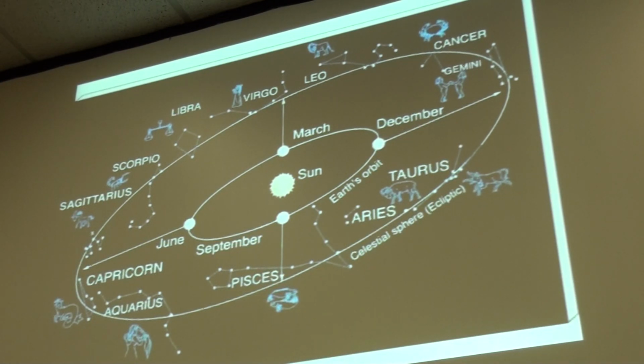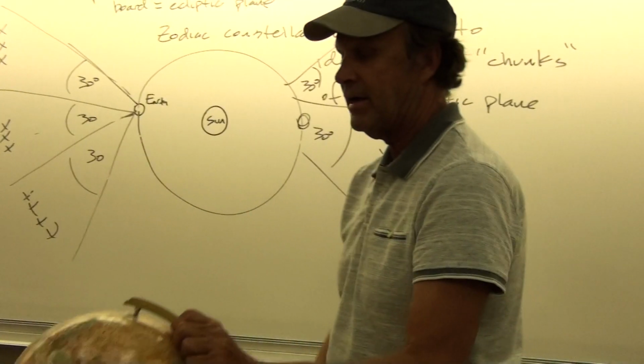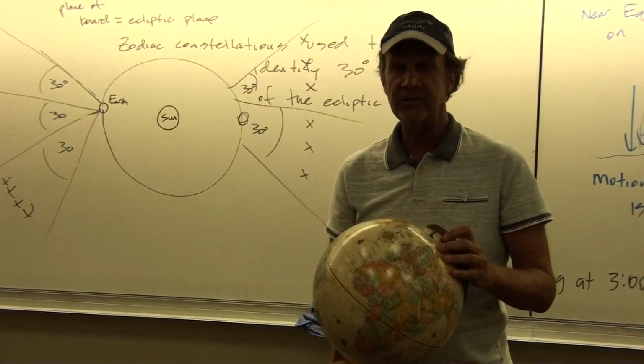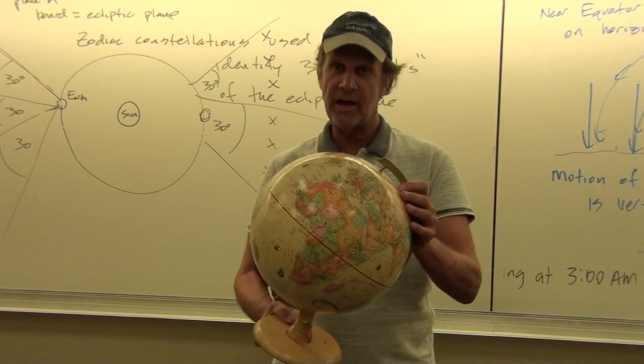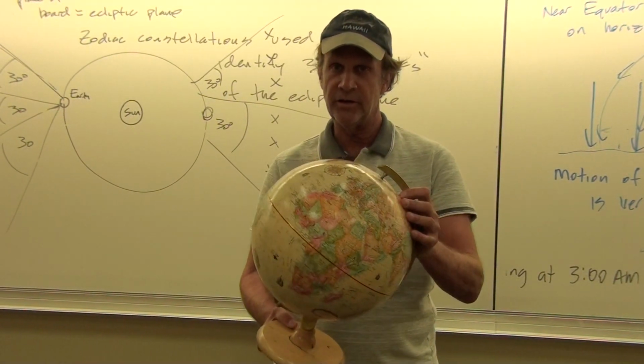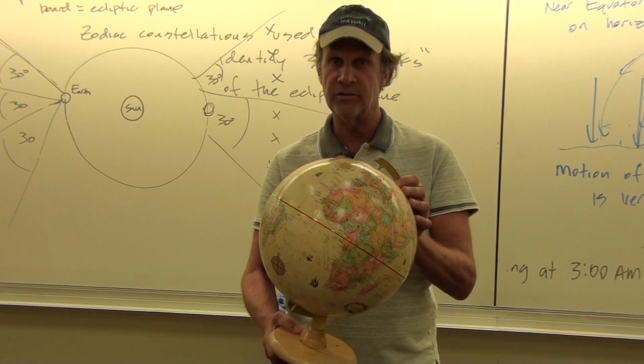And so that's all pretty interesting, but what they failed to take into account is the fact that your astrological sign as defined by astrology is based on where the Earth's axis was pointing 2,000 years ago.